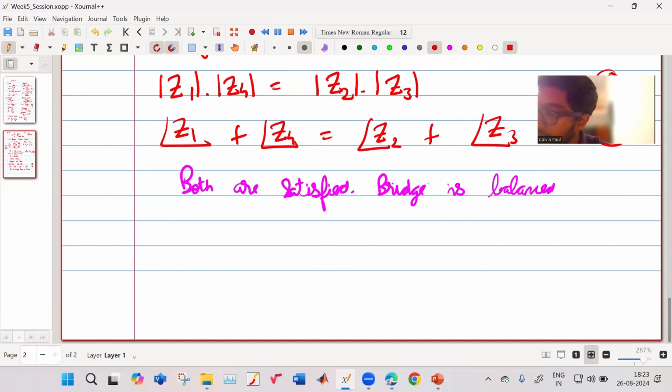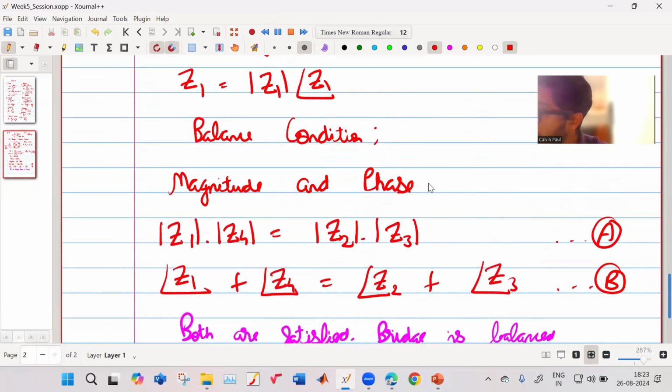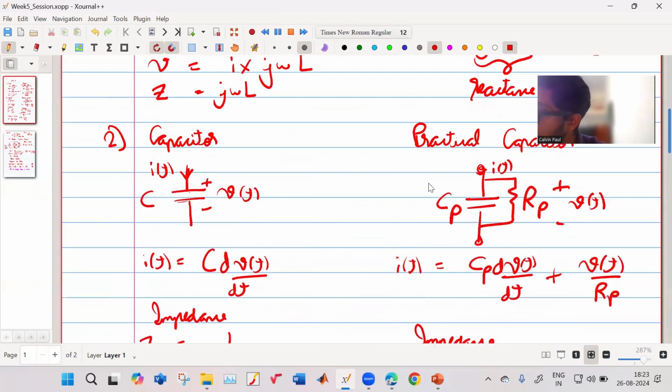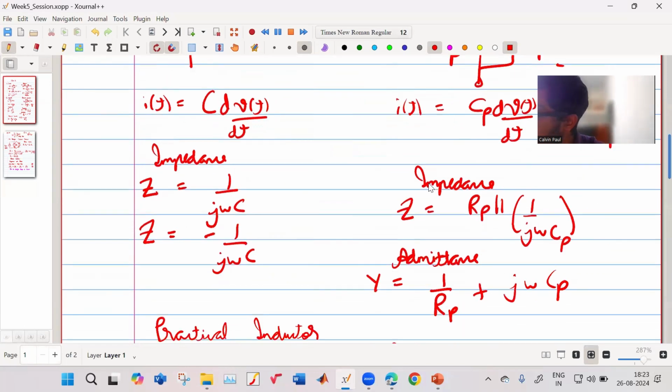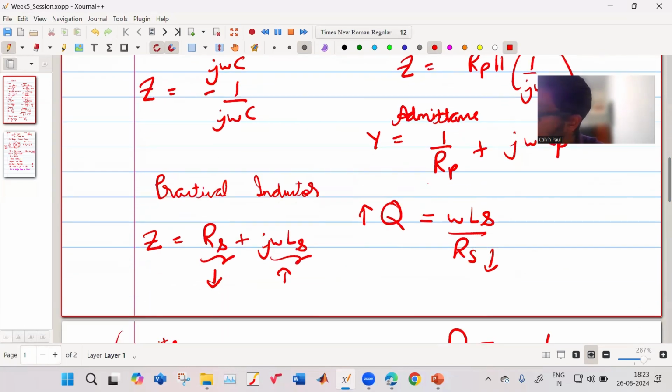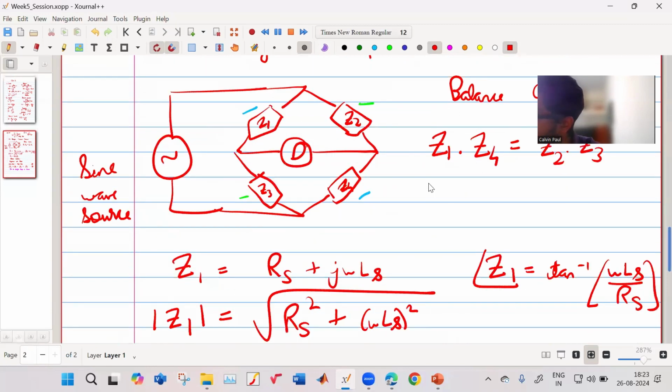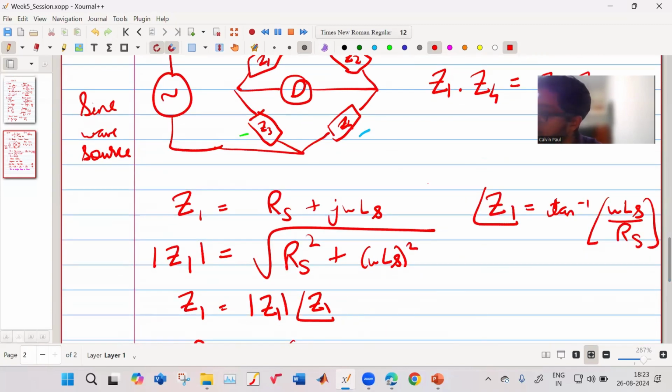Now let us see for this inductor, we know that my Z1 magnitude is the square root of RS square plus omega LS square. What is the range of angle of Z1? Can anyone tell me?